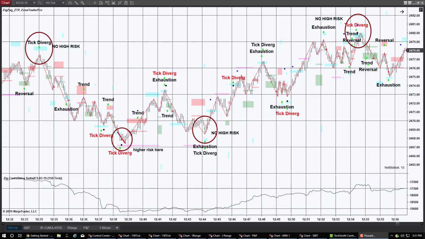To do that, we go to the 150 tick chart. On the 150 tick chart, you see that we were in the same tick divergence pattern, which presented no high risk. At the tick divergence exhaustion trade, you see that we traded through the blue counter trend zone and down to the strong trend support zone, which is this pink area right here.